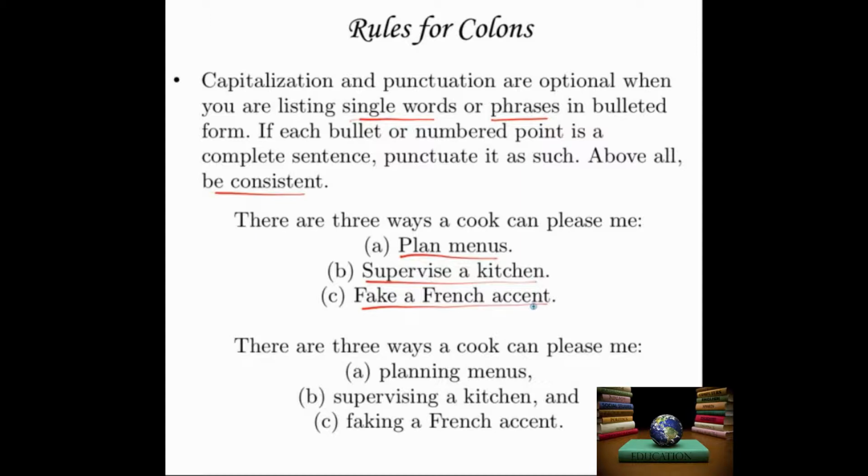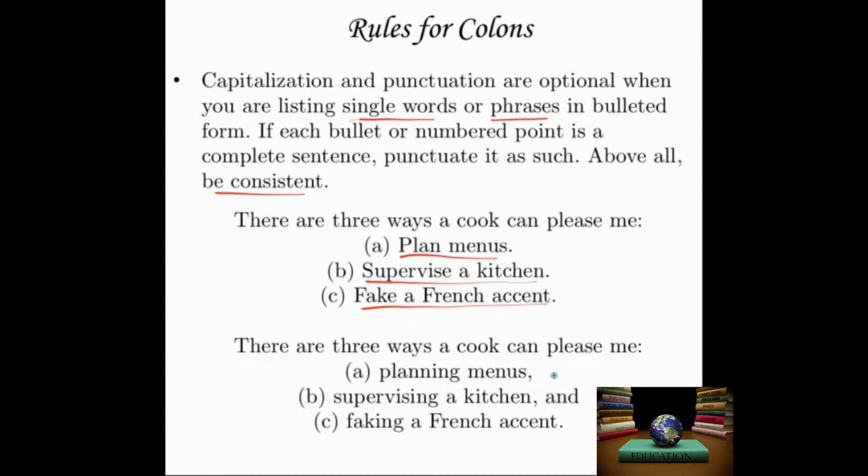Now, in this case, each of these items in the list is a complete sentence. Plan menus, it's an imperative sentence. Supervise a kitchen, an imperative sentence. Fake a French accent, imperative sentence, has an implied subject you, and it has a verb. It's a complete sentence. Now let's look at it the other way. There are 3 ways a cook can please me. Planning menus.